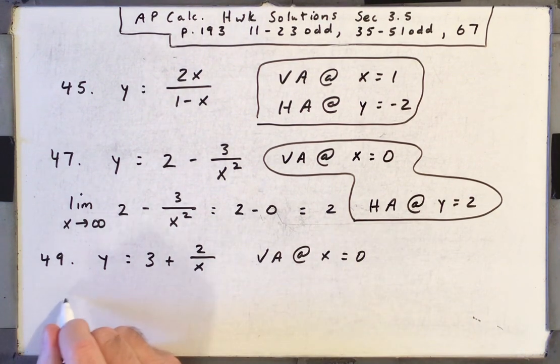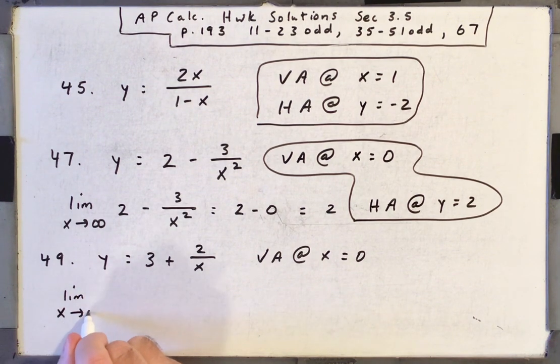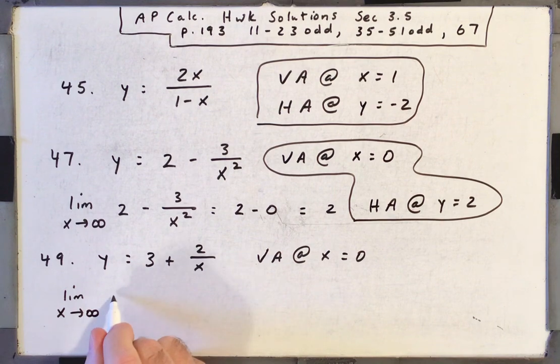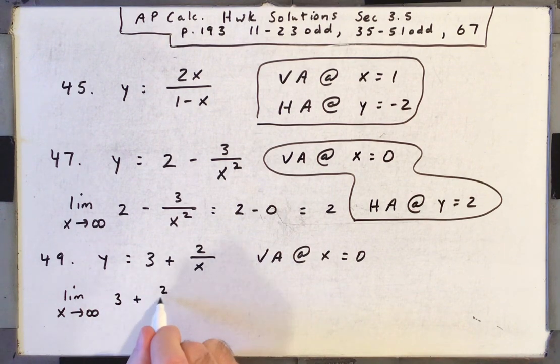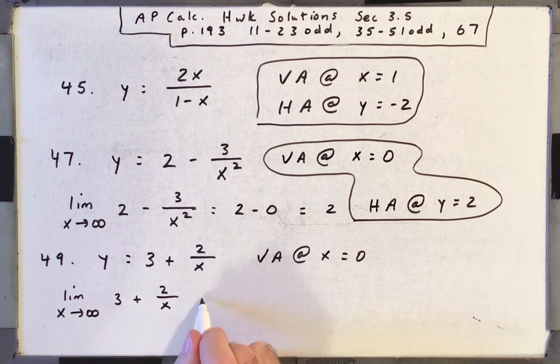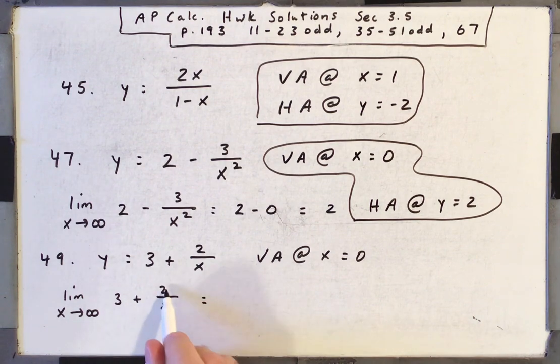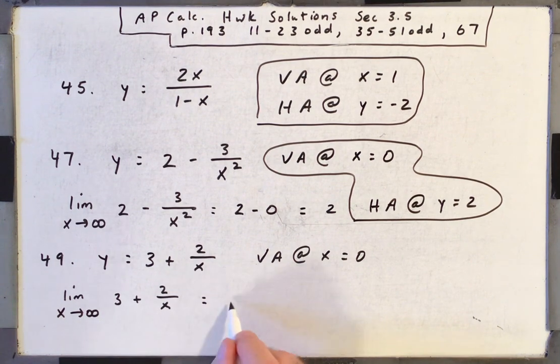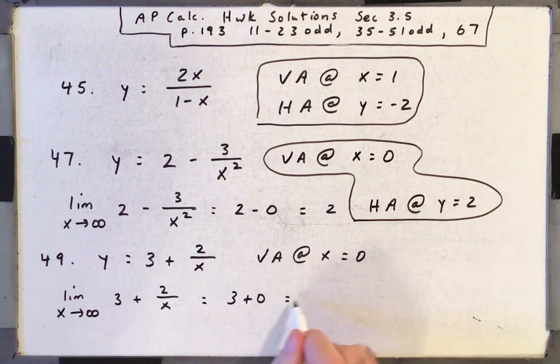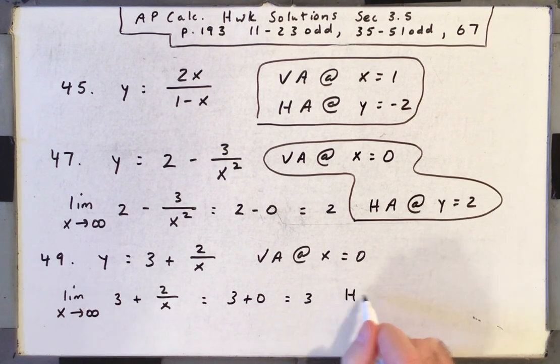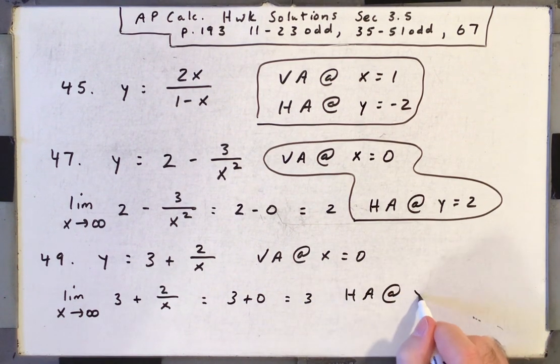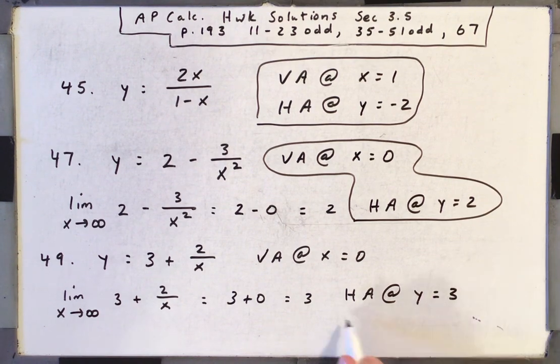And then to find the horizontal asymptote, we're going to take the limit as x approaches infinity of 3 plus 2 over x. All right, when you plug in infinity, 2 over infinity is just 0, isn't it? It approaches 0. So that's just going to be 3 plus 0, which is 3. So we have a horizontal asymptote at y equals 3.